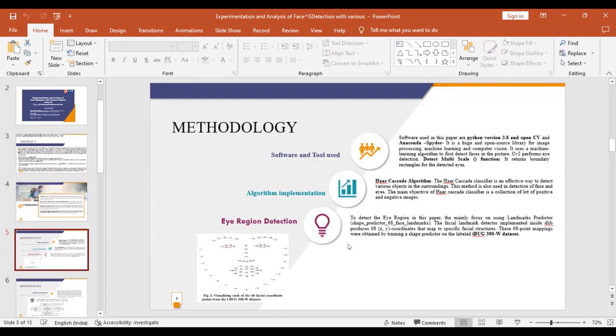I designed a pattern called the eye pattern, already shown in the diagram. With this pattern, we can number the parts: which number is the nose, which is the eye, which is the mouth. It is easy to identify by tracing the numbering, thereby we enhance the programming and get the output. This is how we did the eye-related detection.